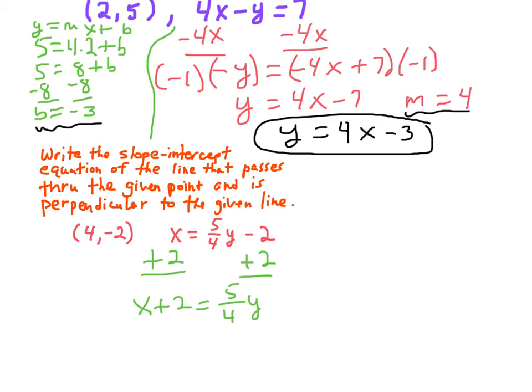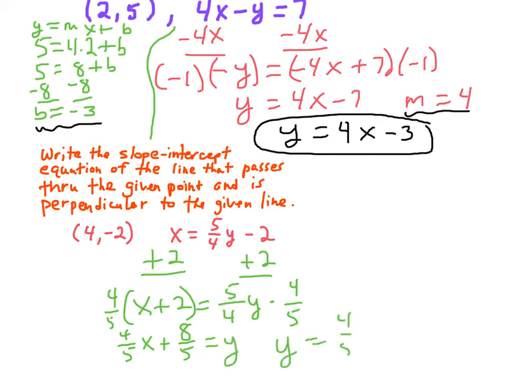And then I'm going to multiply by 4/5 on both sides. And I'll get 4/5 x plus 8/5 equals y. So just write that out in normal slope-intercept form, that'd be 4/5 x plus 8/5.